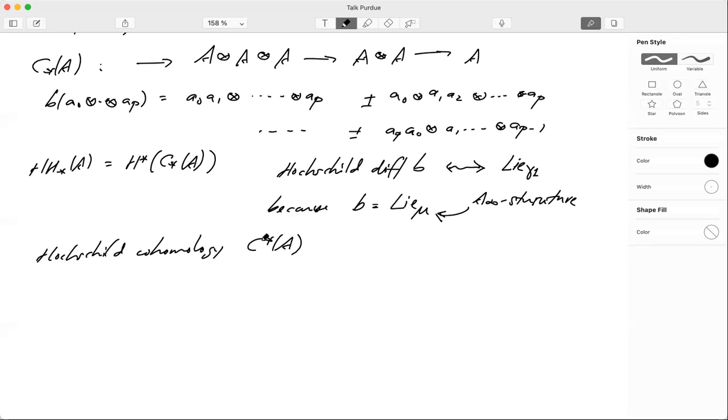But I'm going to also take this to be the cohomology of some explicit complex.